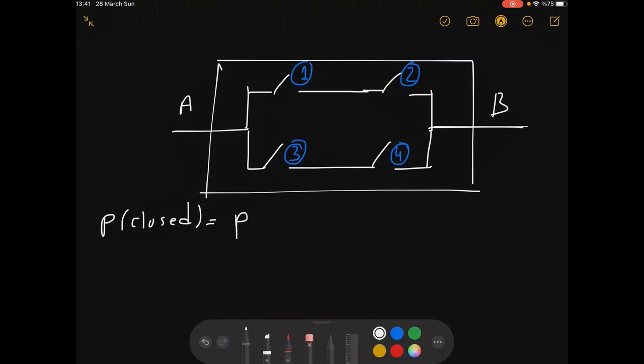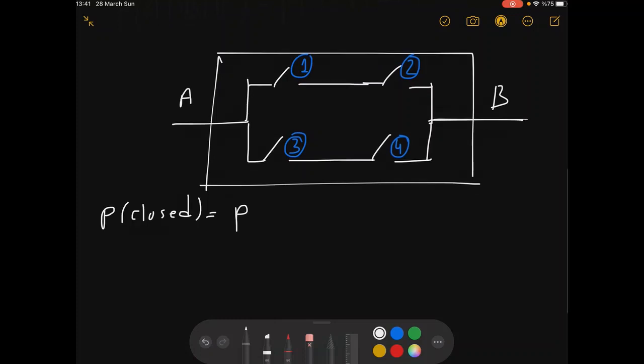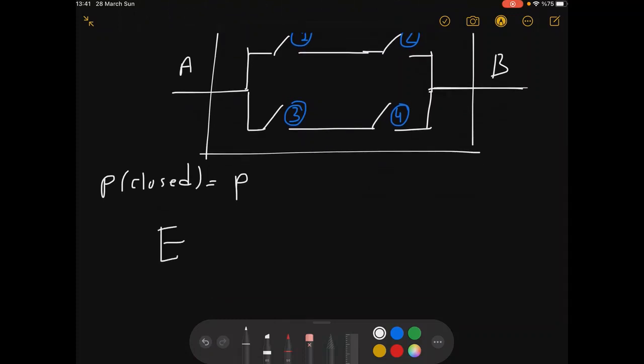Suppose that this is a circuit or a system between the two ends of A and B points of the circuit, for example, or device to get working. It should be C1 intersection C2. Either that path should work or the other one.